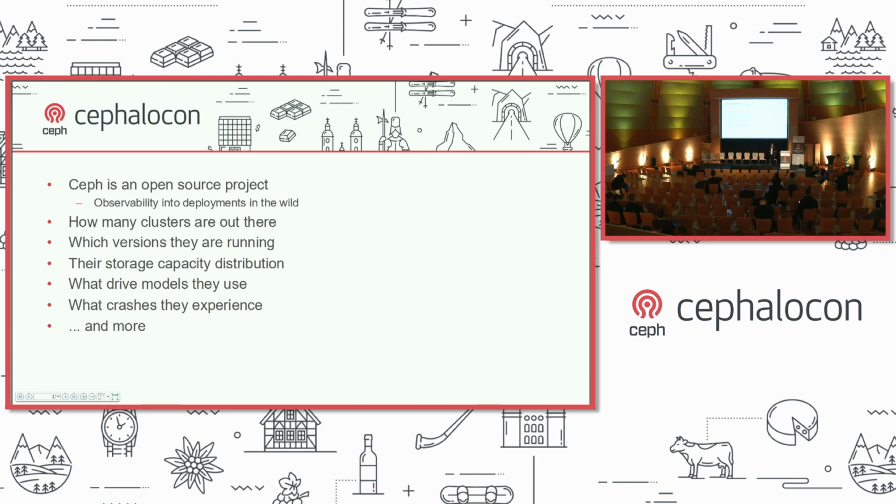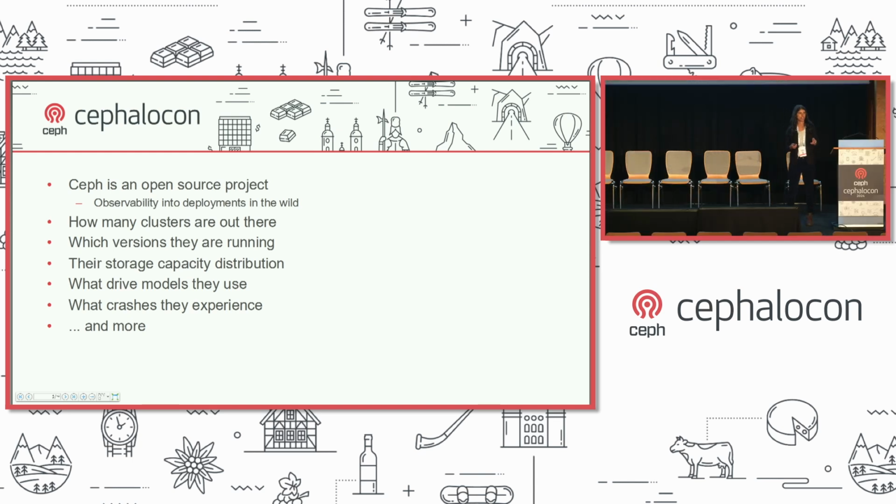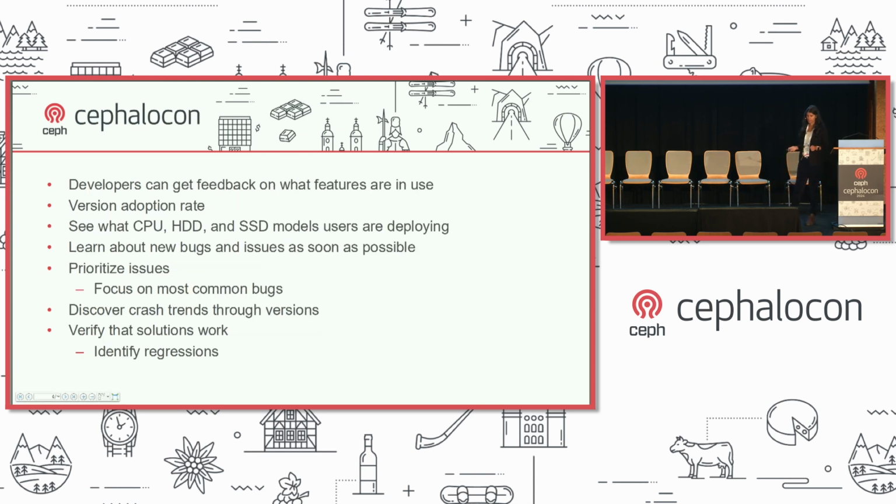So if we can tell how many clusters are deployed, exactly what versions they're running, their total storage capacity, what crashes happen in these clusters, what drives the clusters are using, and so many questions, some of them were even brought up during the various sessions that we had.